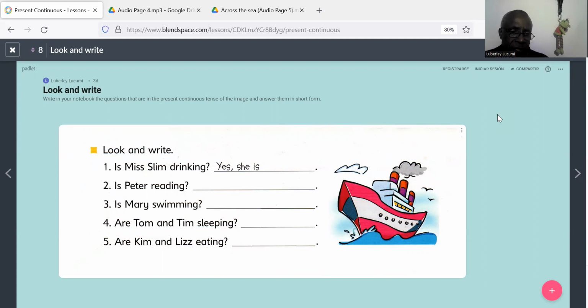The third one, is Mary swimming? Yes or no? No. And what is the answer? No, she isn't. Yes, that's good. The fourth one, are Tom and Tim sleeping? Yes or no? No. And what is the answer?